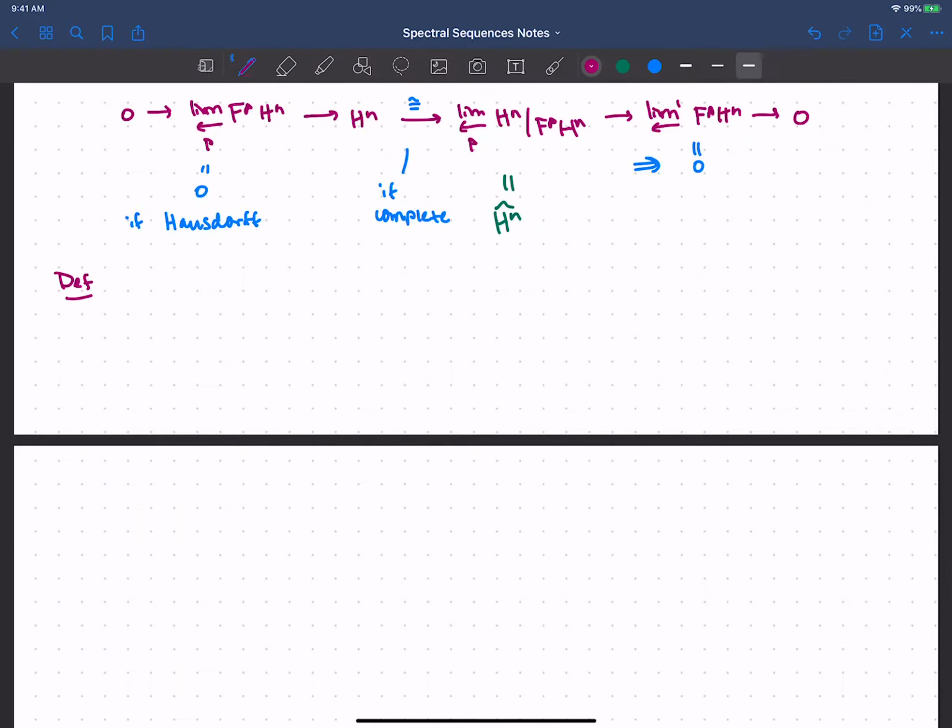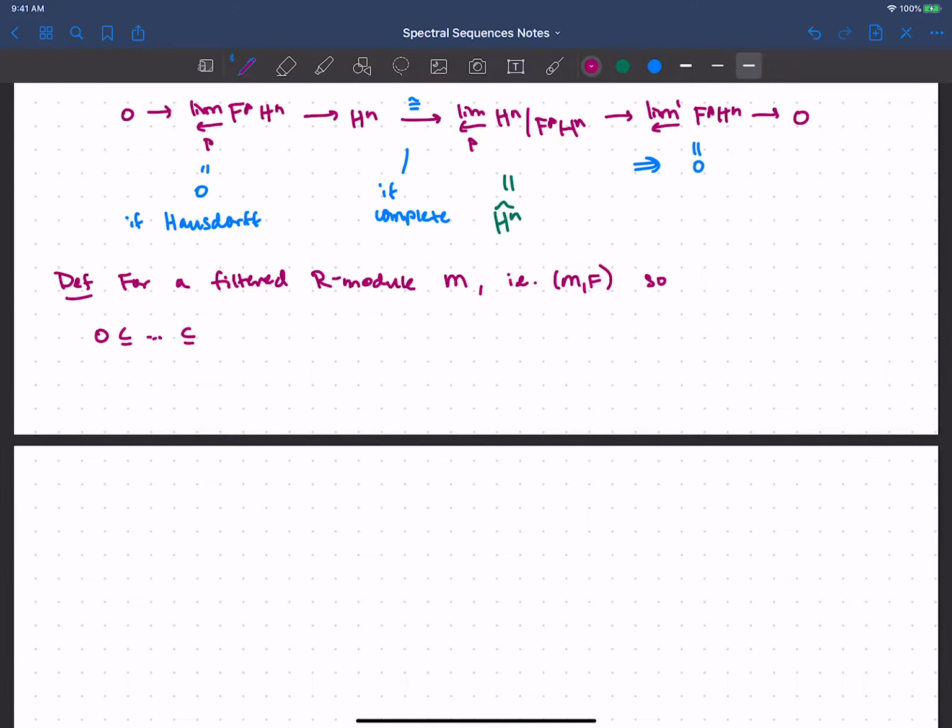So let's define completion first of all. I suspect that this is familiar to people, but just in case, let's be really explicit. I'm going to take some filtered R module, let's call it M. So there's M and it comes together with a filtration, and that filtration looks like the thing I usually draw.